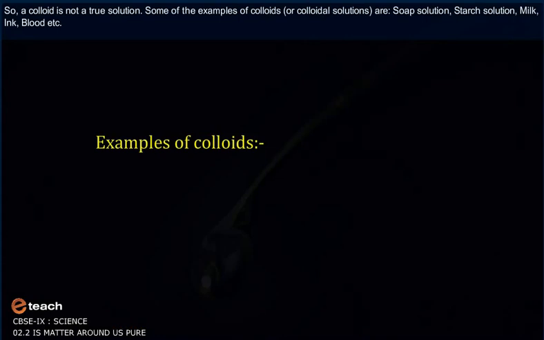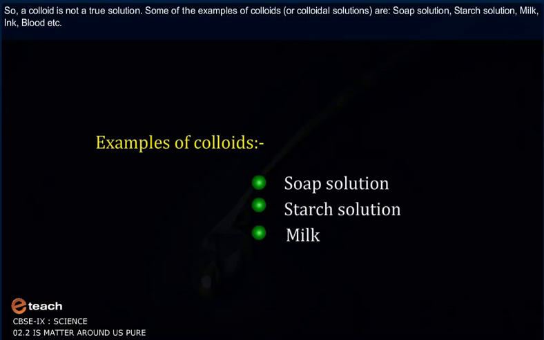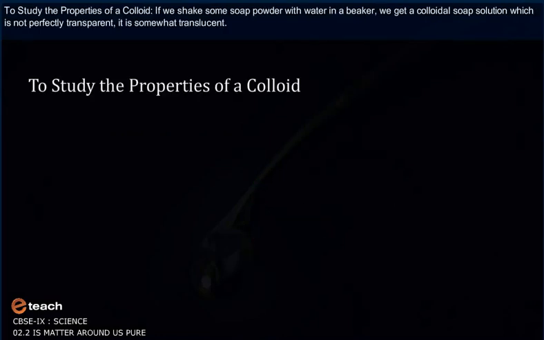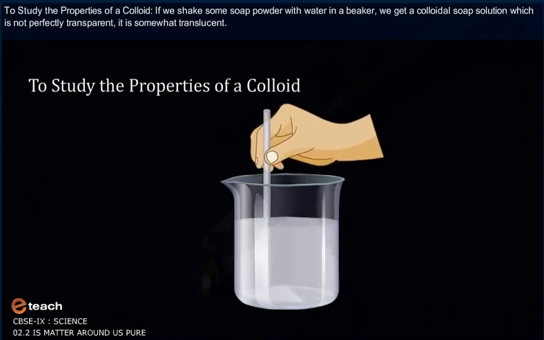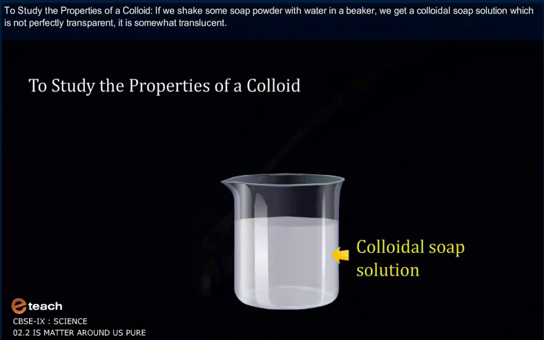Some of the examples of colloids or colloidal solutions are soap solution, starch solution, milk, ink, blood. To study the properties of a colloid, if we shake some soap powder with water in a beaker, we get a colloidal soap solution which is not perfectly transparent.